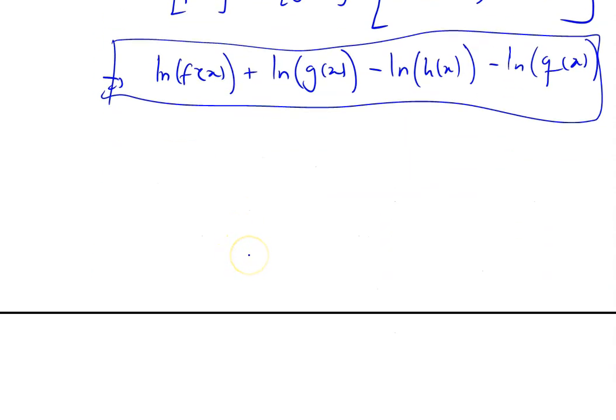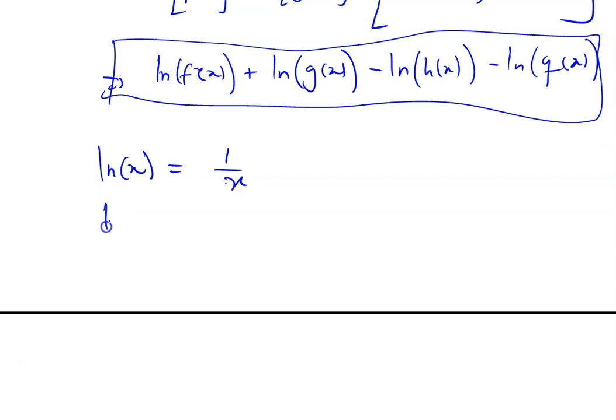But before we proceed, we already know from the log rule that if I differentiate ln x, what do I get? I'll differentiate the inside part, which is going to be 1 on x. So differentiating ln x is going to be 1 on x.